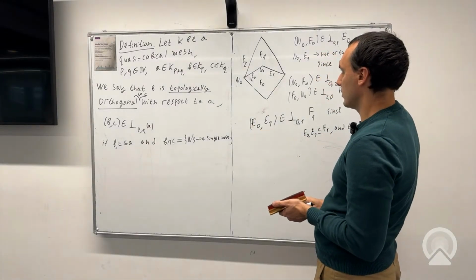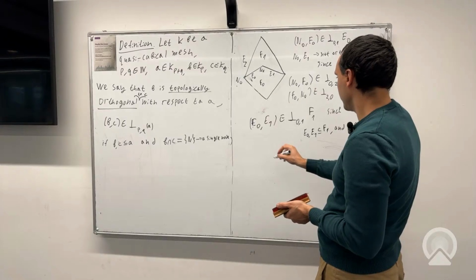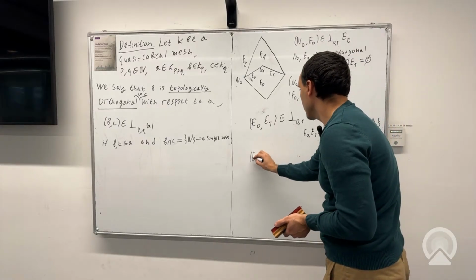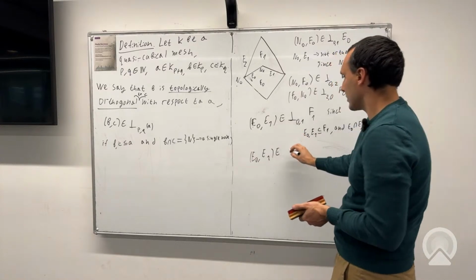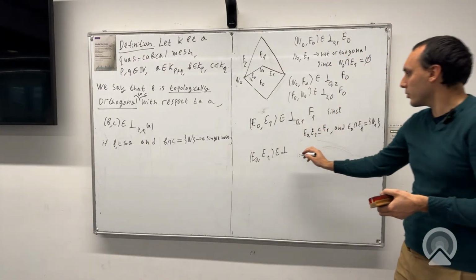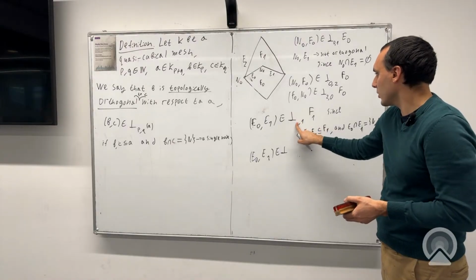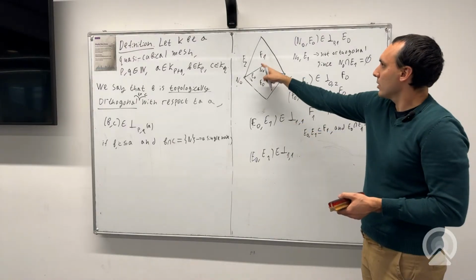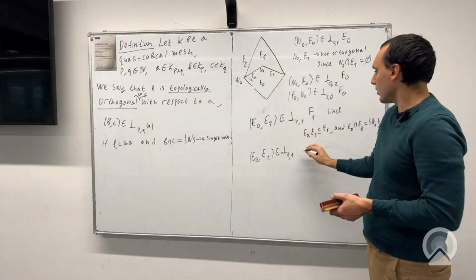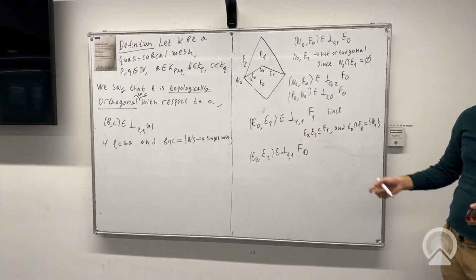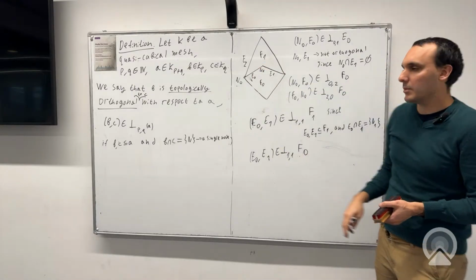And we also have E0, E1 is also, this is something interesting. It will not happen if we have straight cubes. It's topologically perpendicular also to F0 for the same reason, because they are both cells of the same.